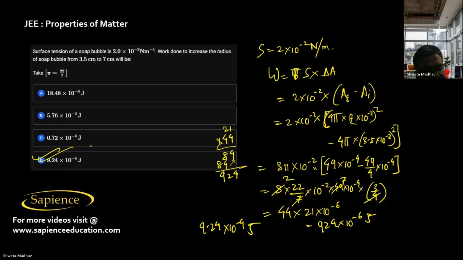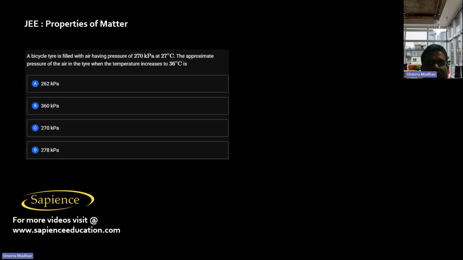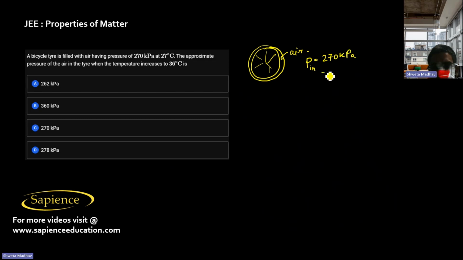It is told a bicycle tire is there. So that is filled with air, having an inside pressure of 270 kilo Pascal, means it is 270 into 10 power 3 Pascal at 27 degrees Celsius.